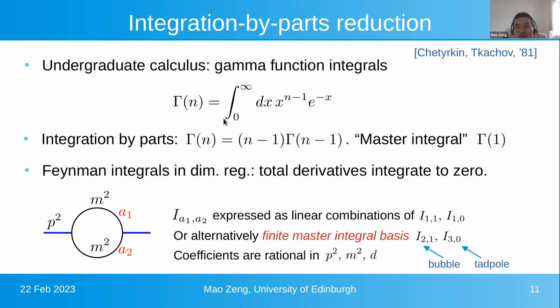So you are free to choose the basis of two master integrals. It could be just a simple bubble and a tadpole, or it could be a bubble and a tadpole, each with some propagator raised to a funny power, just to make things a little bit simpler, because you get rid of UV divergence.